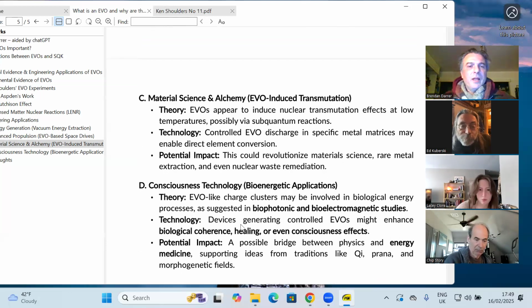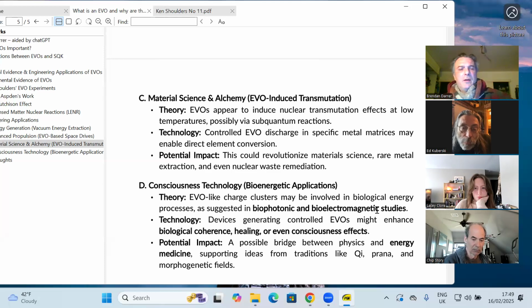D. Consciousness technology, bioenergetic applications. Theory: EVO-like charge clusters may be involved in biological energy processes, as suggested in biophotonic and bioelectromagnetic studies.